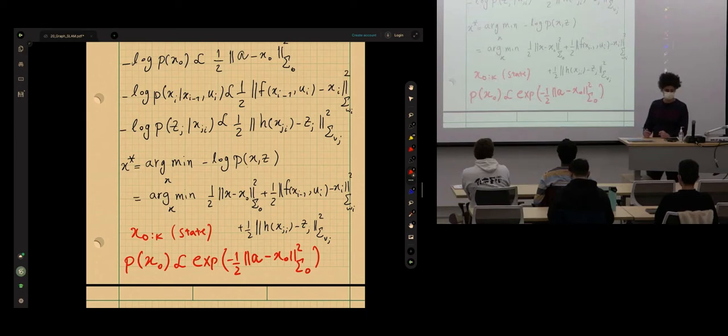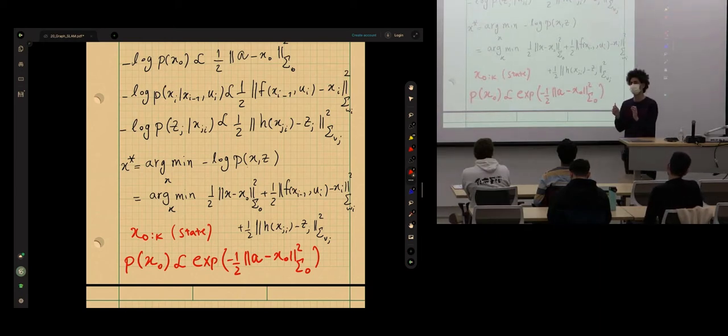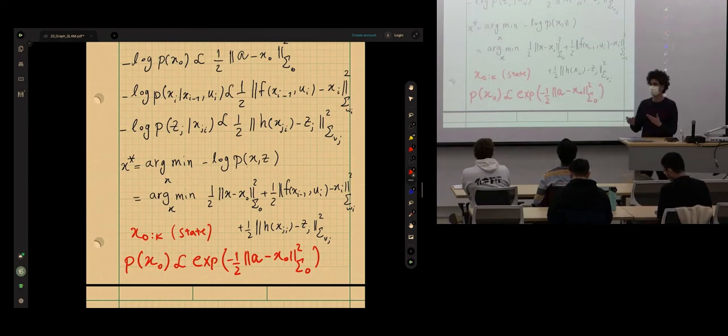So x0 is the prior, and x with no subscripts is the state. Now, x0 is a variable, but we place a prior to essentially make it known. When you set 0 with a tiny covariance as a prior, you're really saying to the optimizer: don't change this much. Maybe it changes from 0 a little bit, but if the covariance is really tight, it's not going to change much.